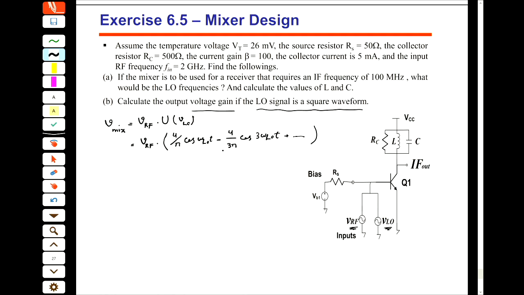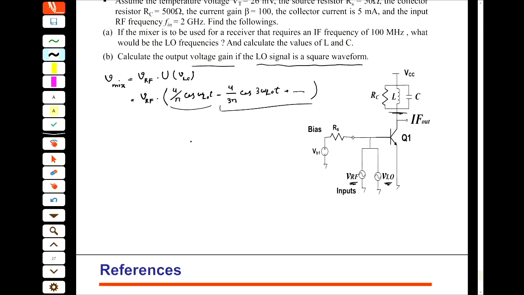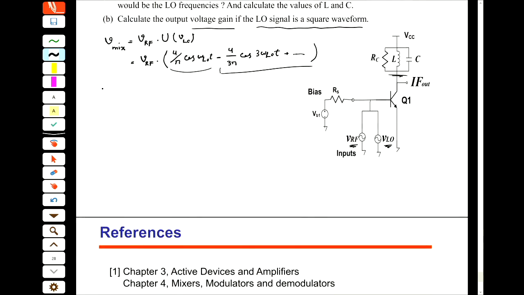And then these we filter out with this one, and then the only term which is remaining is this one. So this is equal to 4 over pi VRF cosine omega LO t.